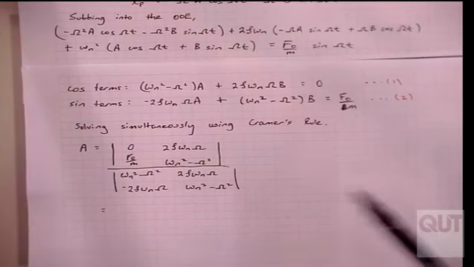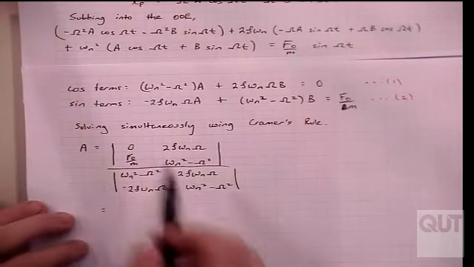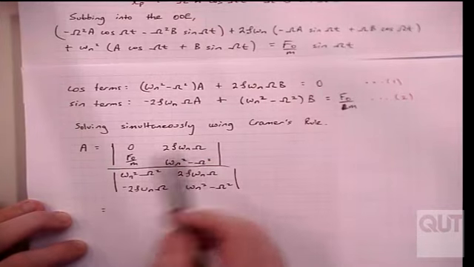So we need to solve the determinant of 2 by 2 systems. Remember, we do that through AD minus BC. Right? So the determinant of this numerator matrix is 0 minus BC.